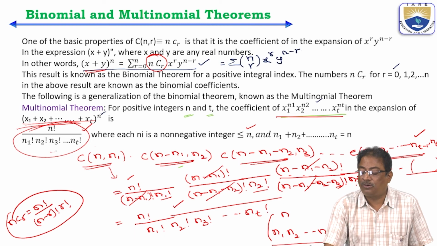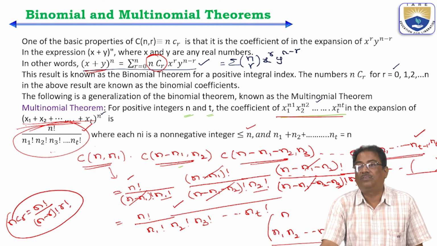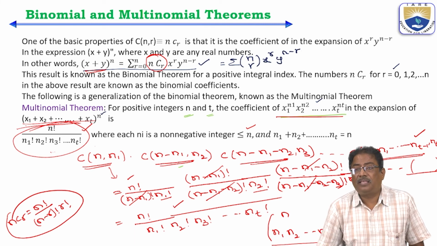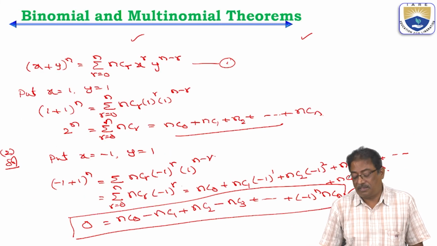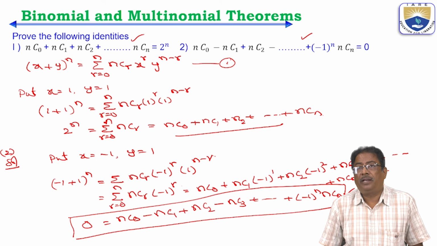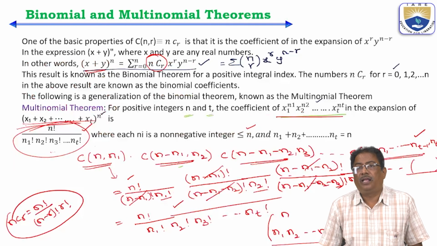And this we are going to represent in this form. So these are the binomial and multinomial theorems.